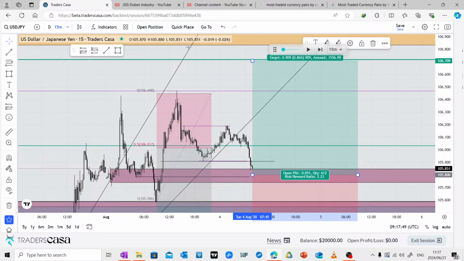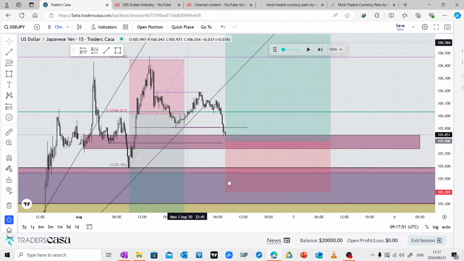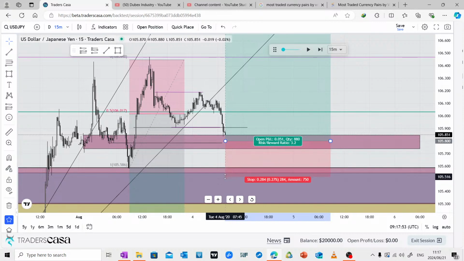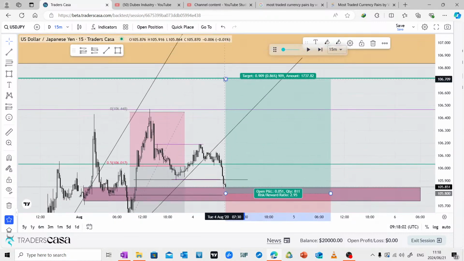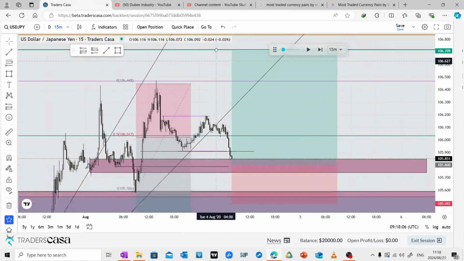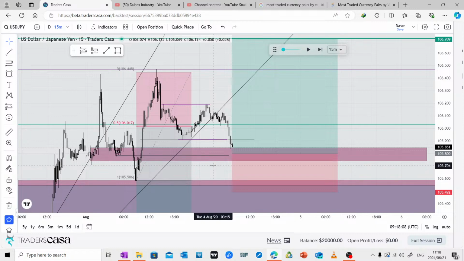So what I should do is risk 30 pips, that's a 30 pip stop, and target 90 pips, 1, 2, 3, right? And then what else should I do?